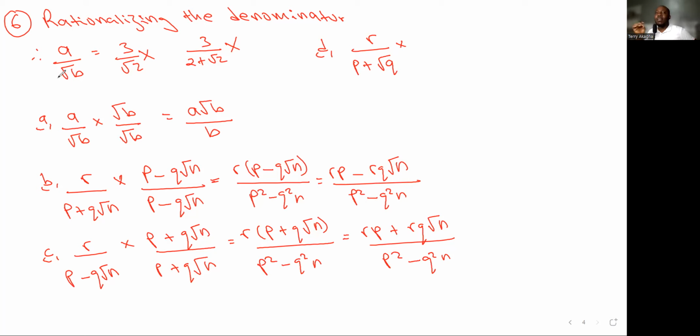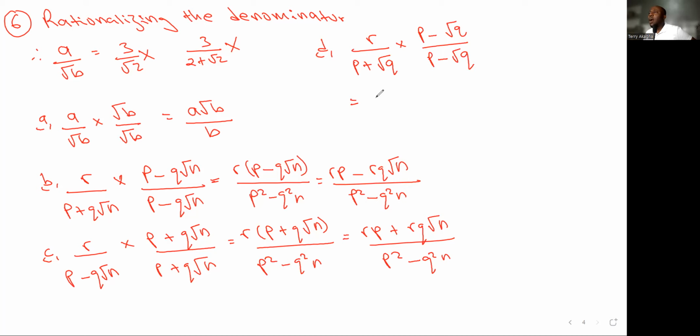Okay? So when it's a simple surd, like A over root B, okay, you multiply by the denominator, just that. But if it's a compound surd, you have to multiply by the conjugate. So you're going to multiply by P minus root Q over P minus root Q, all right?